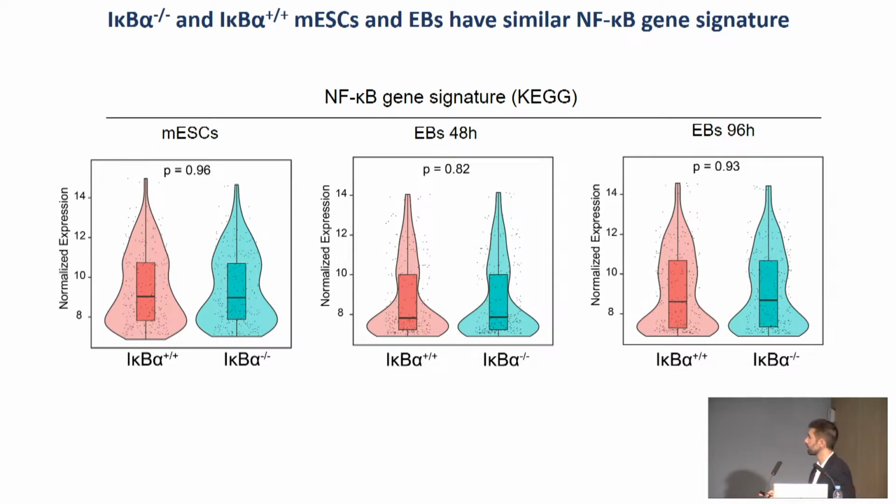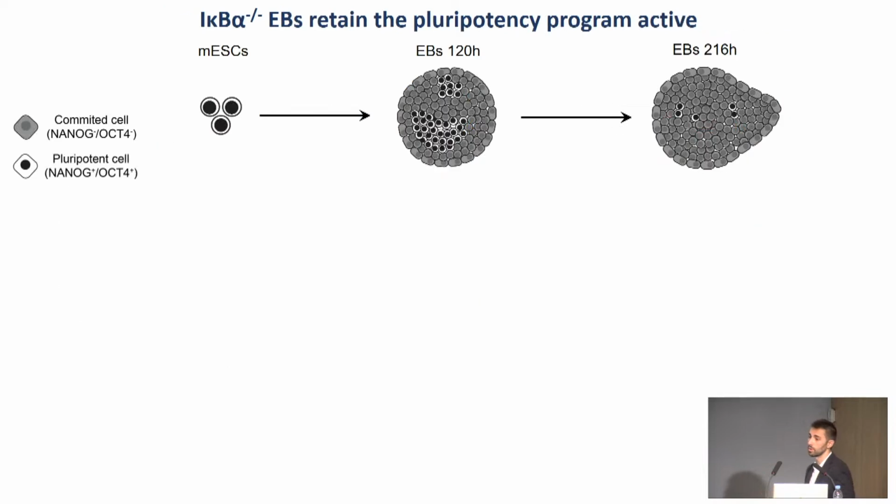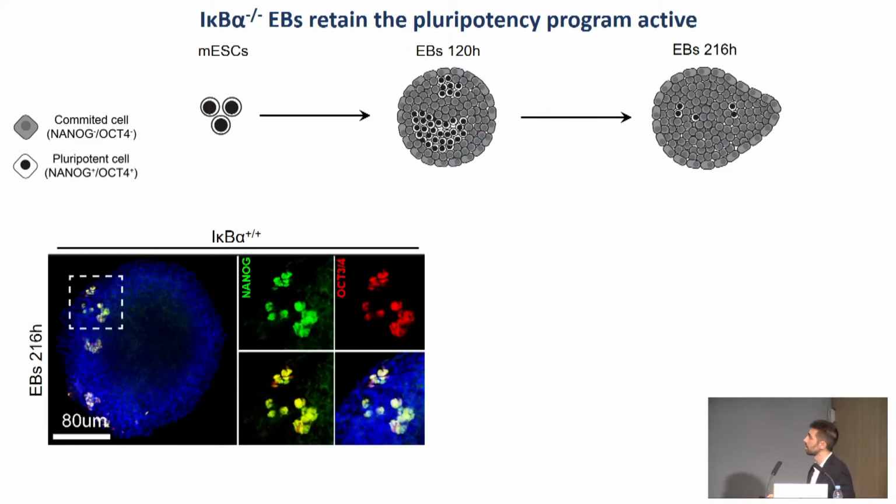But we were also curious to know whether this had any implication over differentiation conditions. So I took mouse ES cells wild-type and knockout for IκBα, and taking advantage again of the embryoid body differentiation, I differentiated for 9 days, and after 9 days I stained for the pluripotency markers NANOG and OCT4.